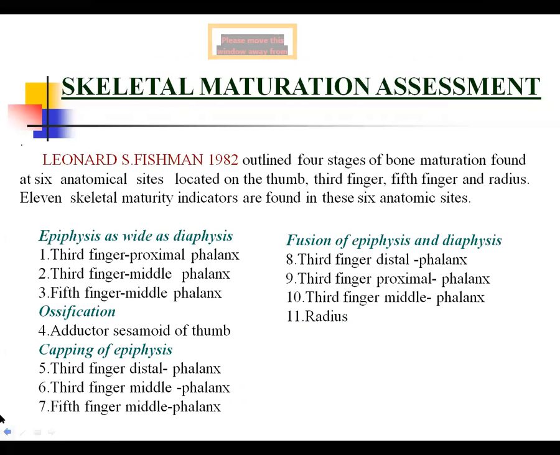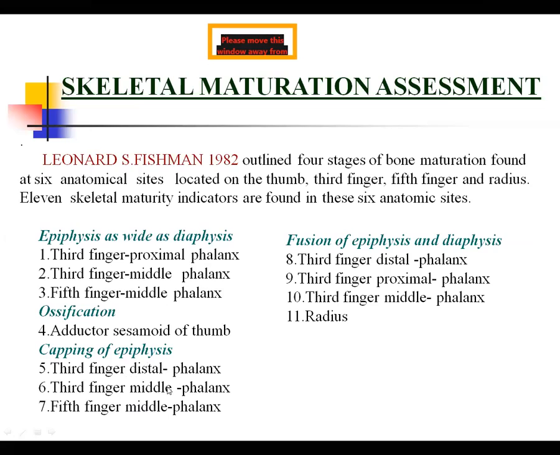The locations for the fifth stage are third finger distal phalanx, third finger middle phalanx, and fifth finger middle phalanx. Here it is third, third, fifth. Here is also third, third, fifth. The difference is proximal, middle and middle here, and distal, middle and middle here.